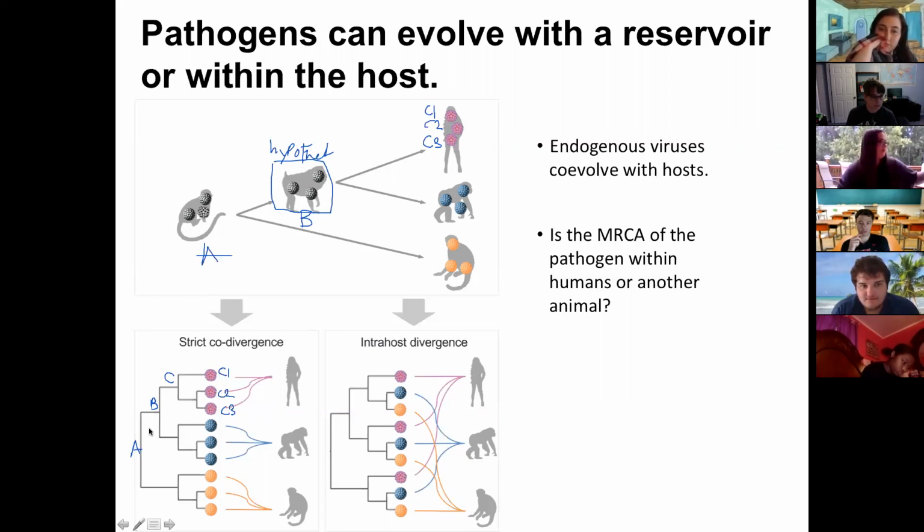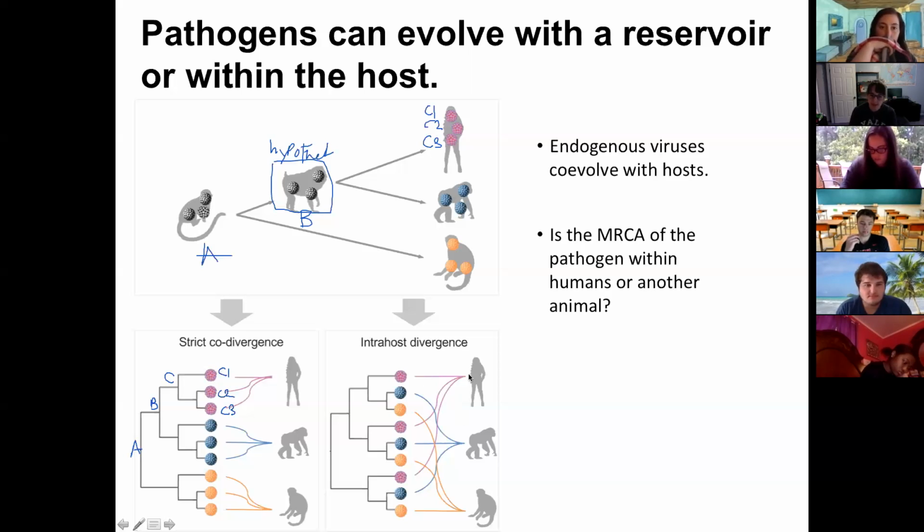And then the viruses in here evolved along with the speciation between humans and chimps. Does that make sense to everybody? Yeah, are we following? Okay, so this would mean a strict co-divergence or co-speciation with the host.